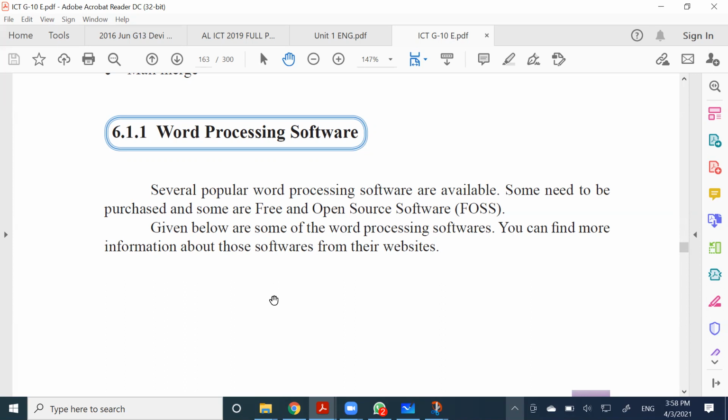If you think about MS Word or the Microsoft Office package, it will cost you like 10 to 15,000, right? There are many people all over the world who don't have that much to spend on word processing software like MS Word. So in that case, free and open source software are doing tremendous work for these people, right?